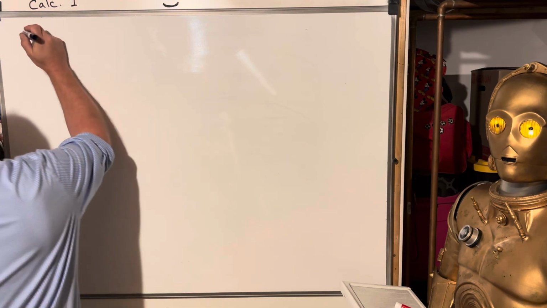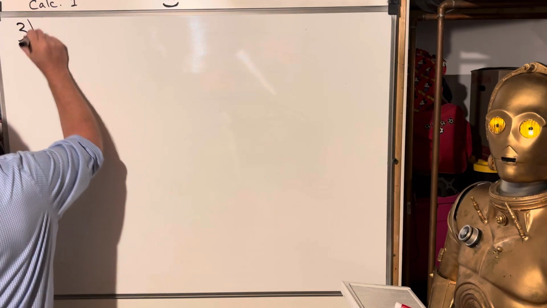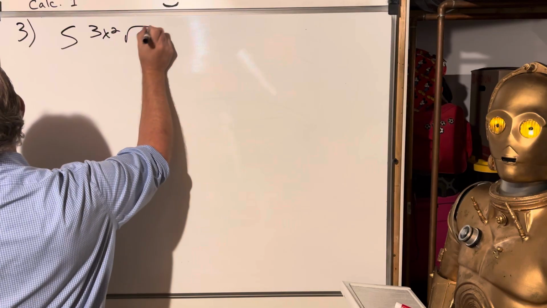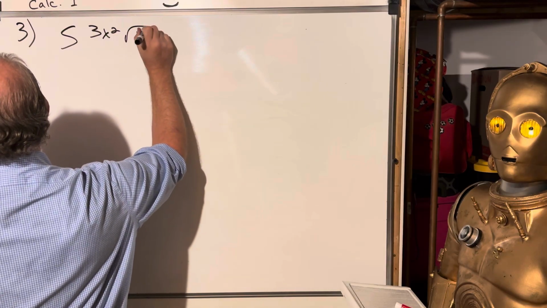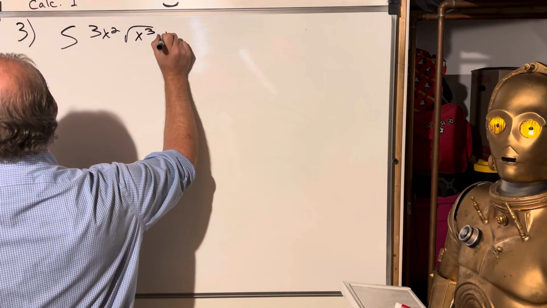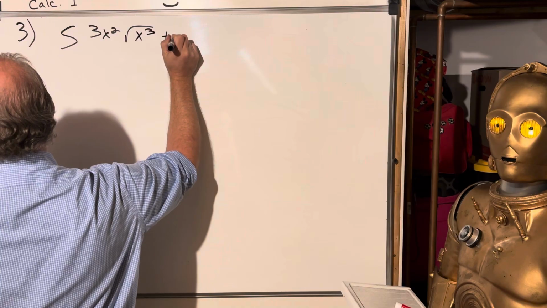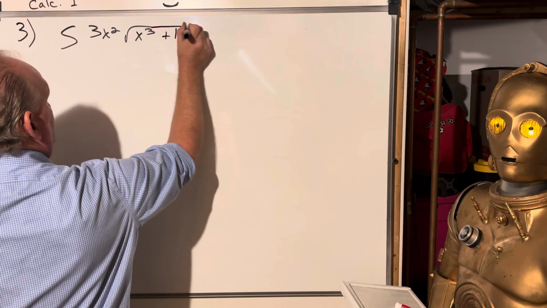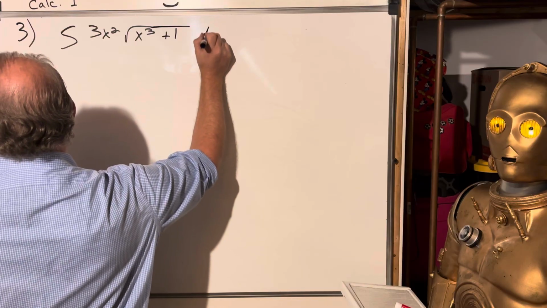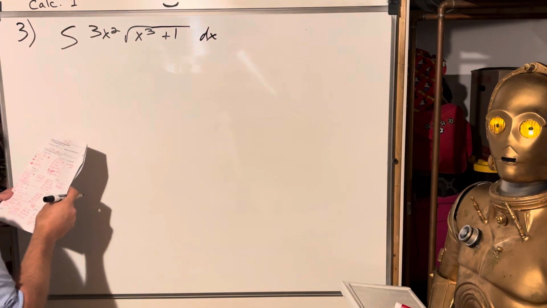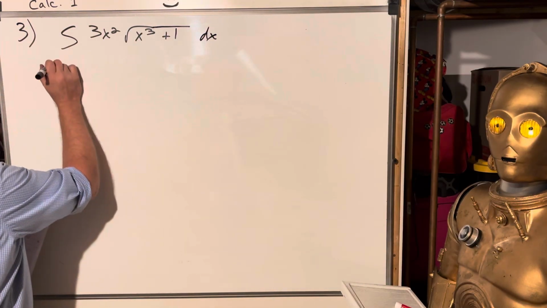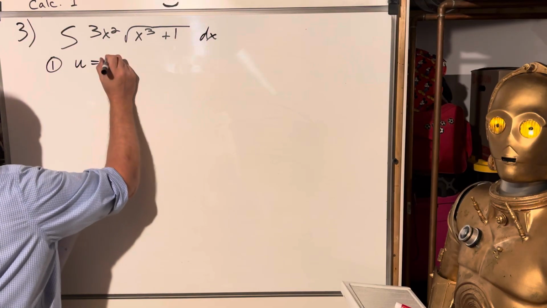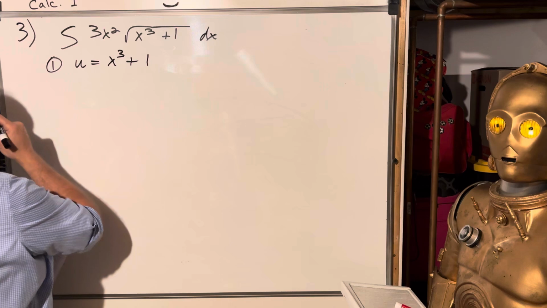This one's going to be a little lengthy. All right, we have the integral of 3x squared times the square root of x to the 3rd plus 1, all that under this root, dx. Okay, let's do it. We have step 1, u is going to equal the innermost thing, x cubed plus 1.